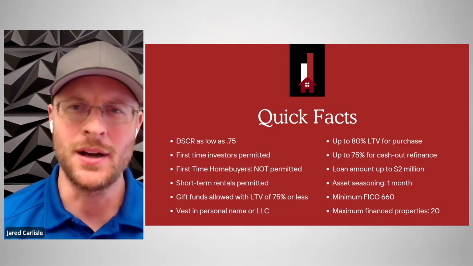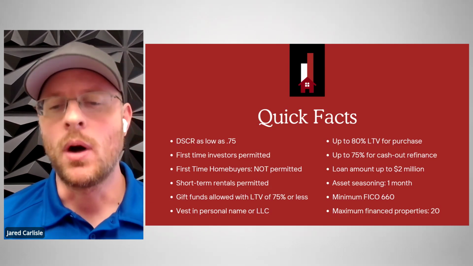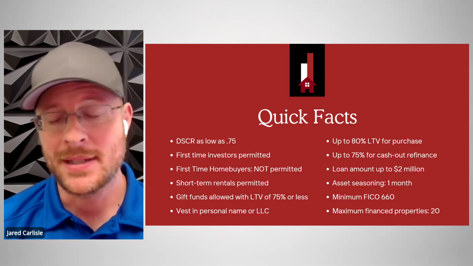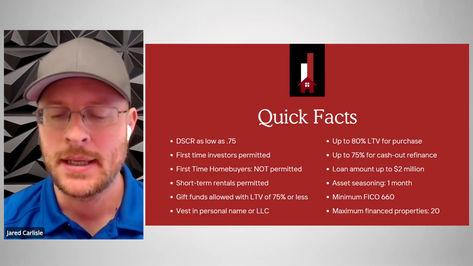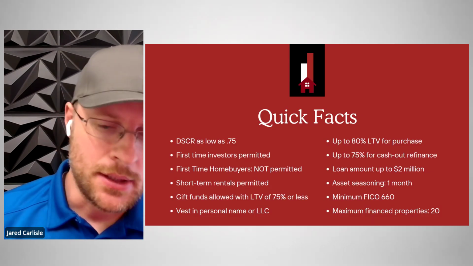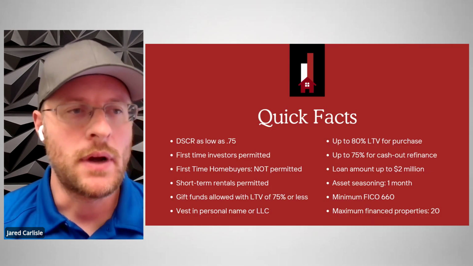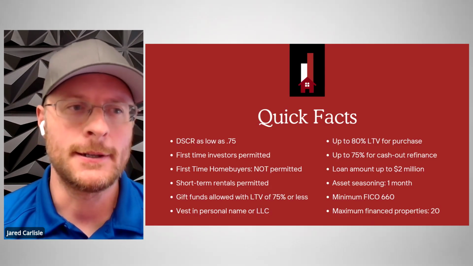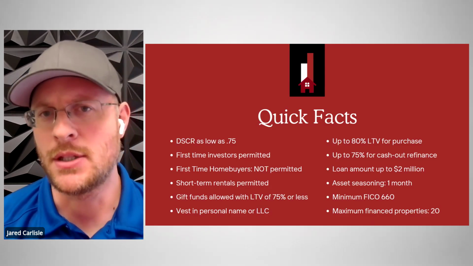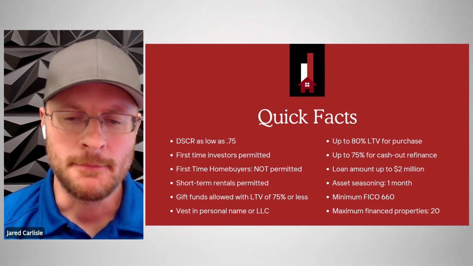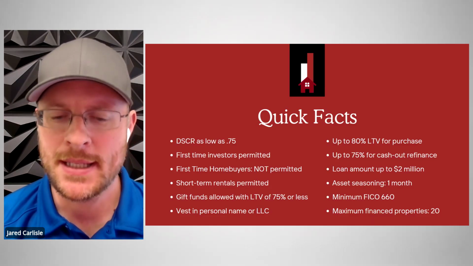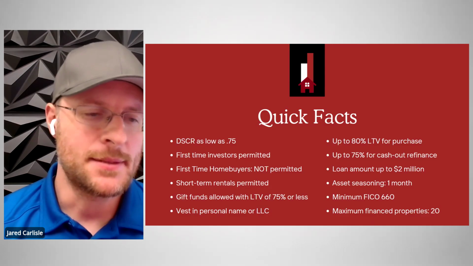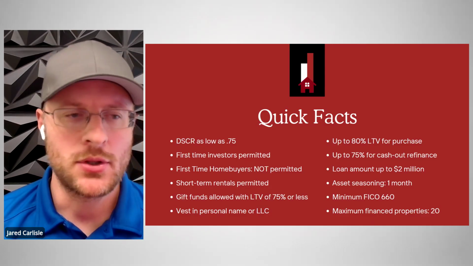There's a ton of fraud in the mortgage world. And so this is one way they try to combat that, but it's not the only reason they're getting bank statements. But with the DSCR loans, generally you only need to provide 1 month of bank statements. That's true as well. It's not super unique because that's true for VA loans, FHA loans as well. Minimum credit score of 660, and then again, maximum financed properties of about 20 of them.